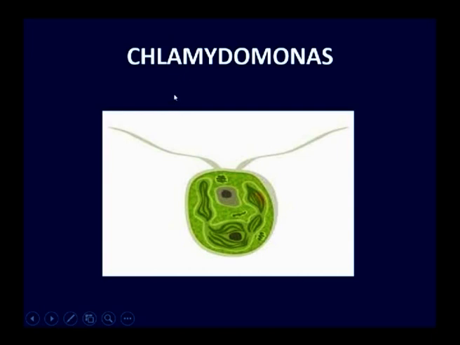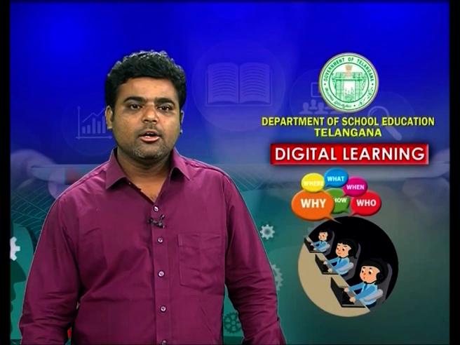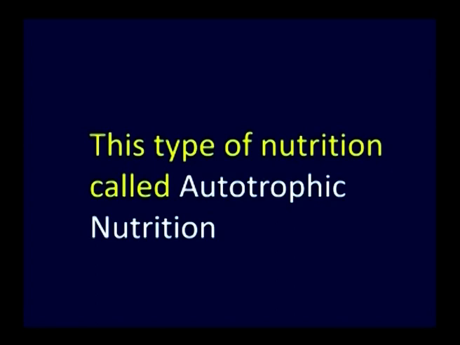And the next example, Chlamydomonas, also traps the solar energy and makes its own food material. So the organisms which make their own food by trapping solar energy are called autotrophs. For example, we can take plants, not only plants, we can take algae, blue-green algae and some of the photosynthetic bacteria also. So this mode of preparing nutrition by oneself is called autotrophic nutrition.